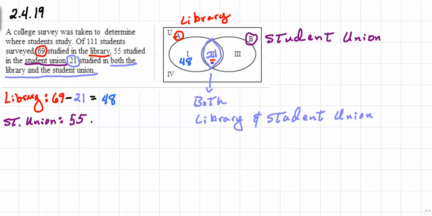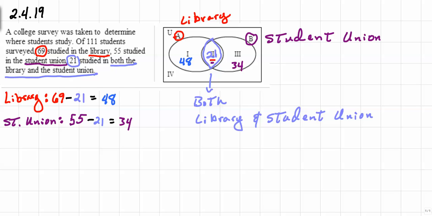So we're going to have 55 minus 21 again, and that's going to give me 34.